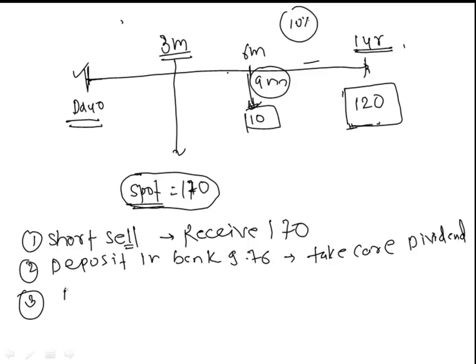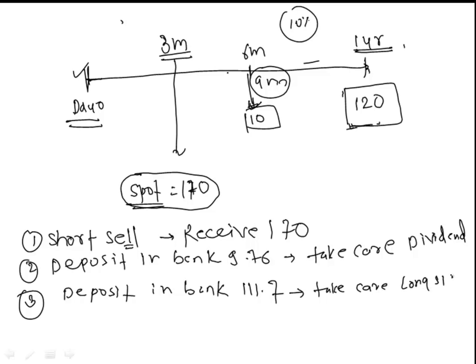So what you do again is you deposit. Second, clear TVM, 120 is the future value, 10 is the IY, 9 divided by 12 is the N, compute present value. $111.7, and this will take care of the long side of the forward contract.